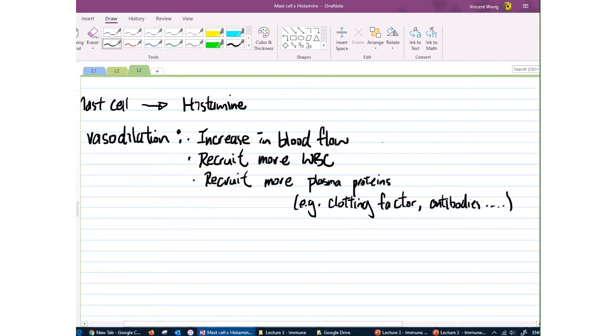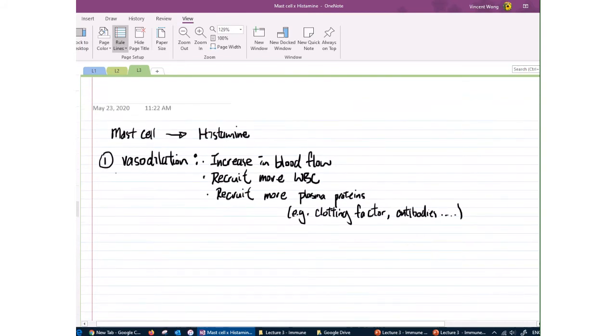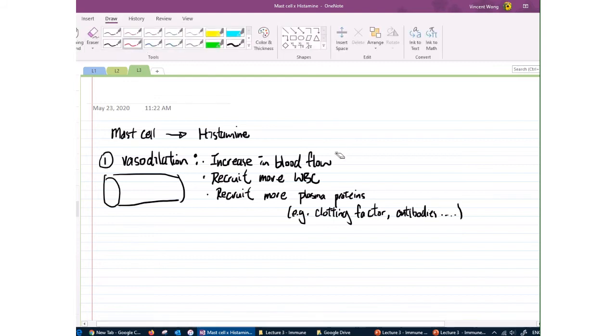But the key idea here is the histamine will cause vasodilation, make the blood vessels bigger, like I said, and that will increase blood flow. And the purpose of that is to bring more white cells and plasma protein to the site of injury. Now, the side effects of vasodilation, because you're bringing more blood to the area, you are going to have two side effects from that.